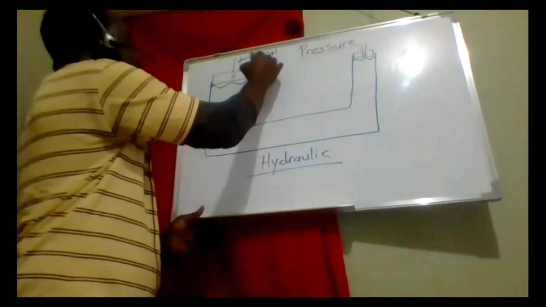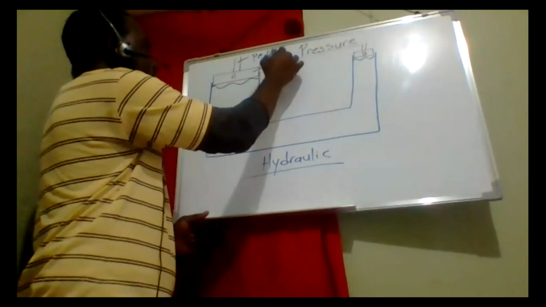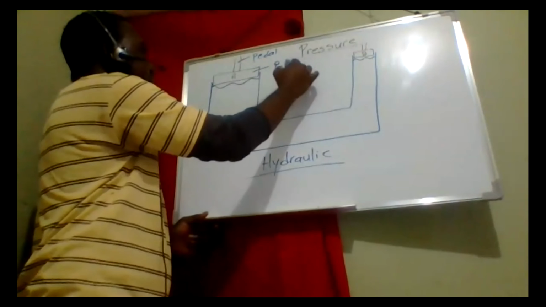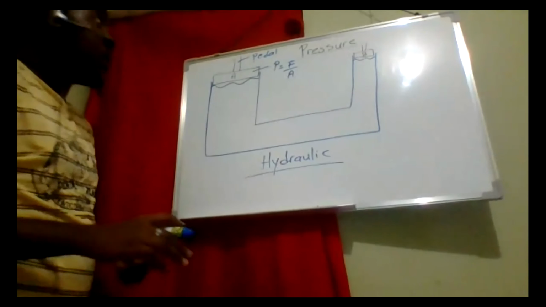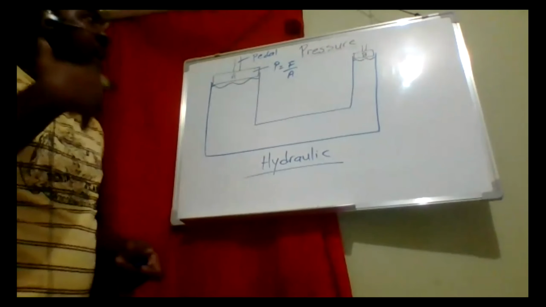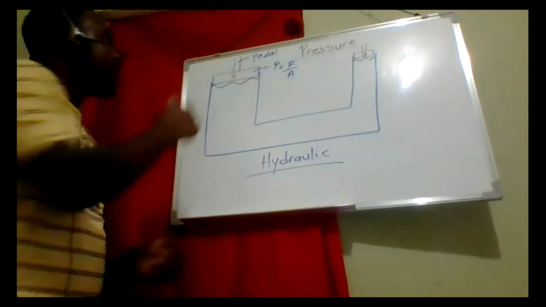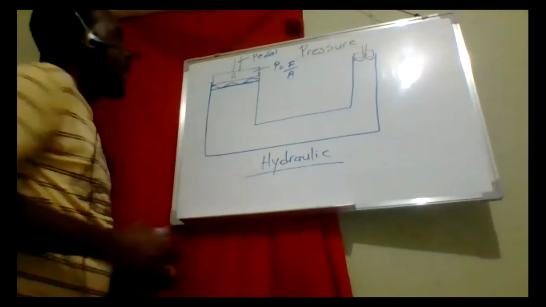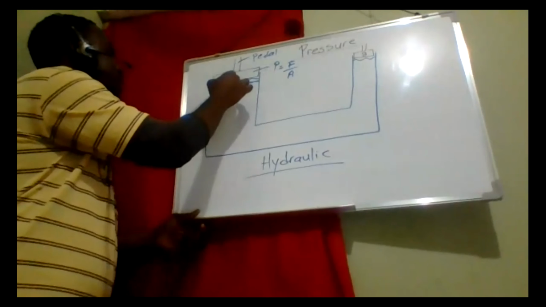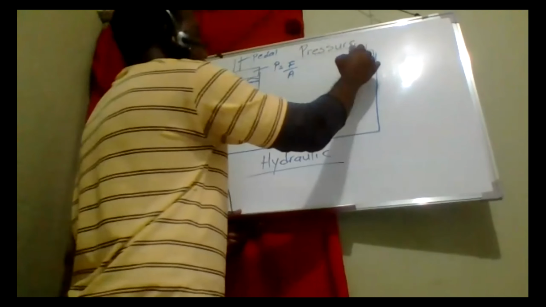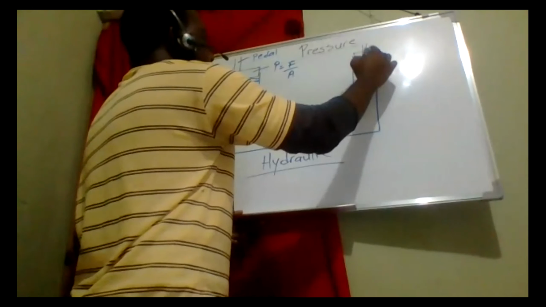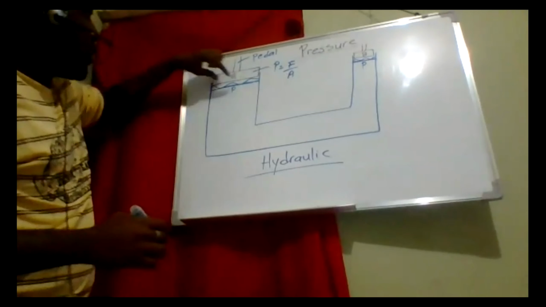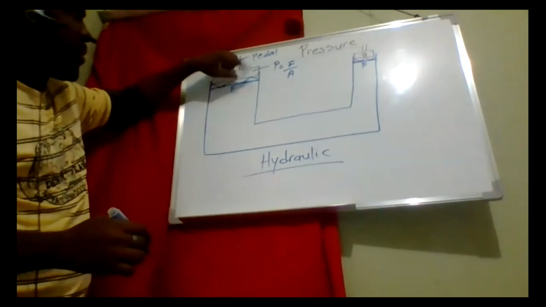Remember that pressure, because this is a solid object, is equal to force over area. We want to create a very big pressure on this liquid at the top right here. Because remember, at the same depth, this pressure here would be the same pressure that is sent to here. So we want to create a very high pressure here.